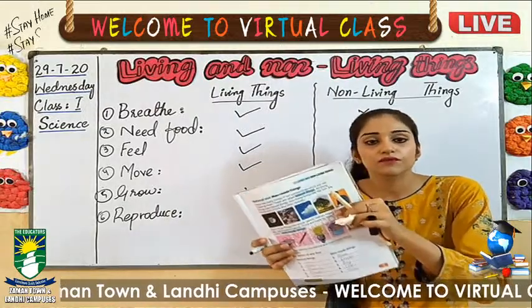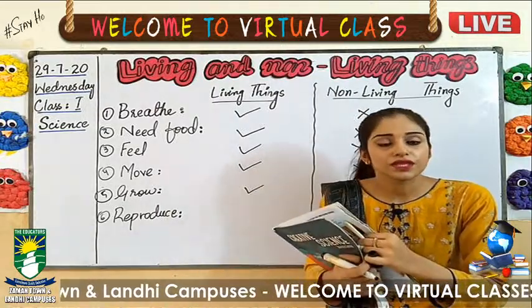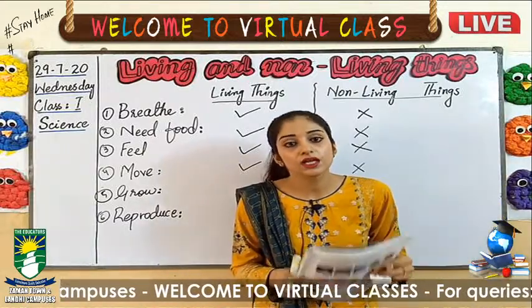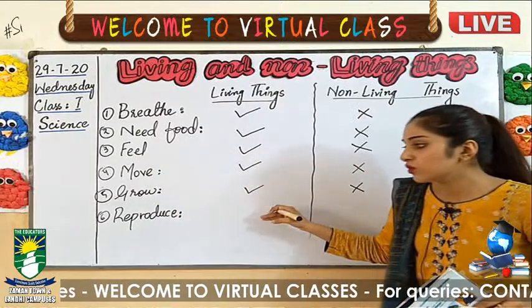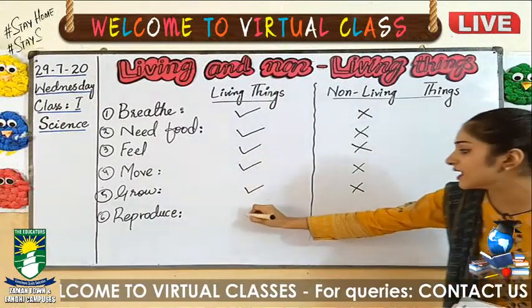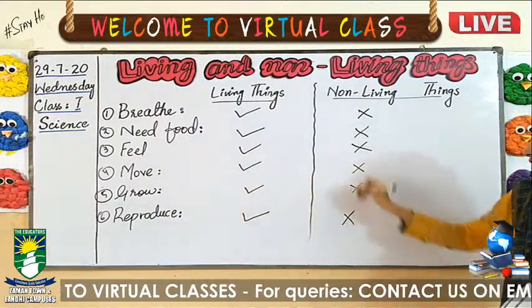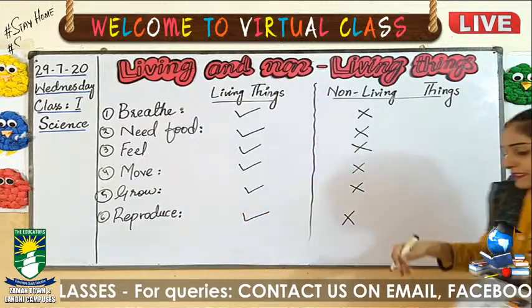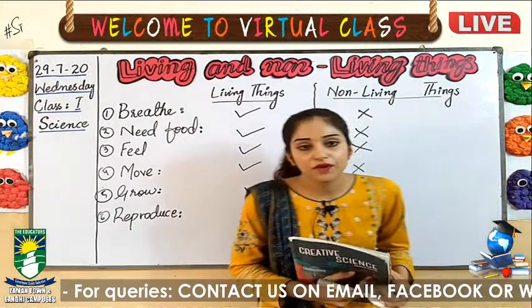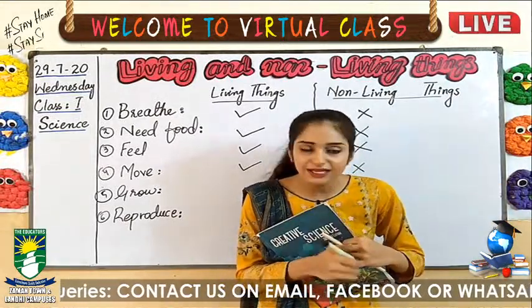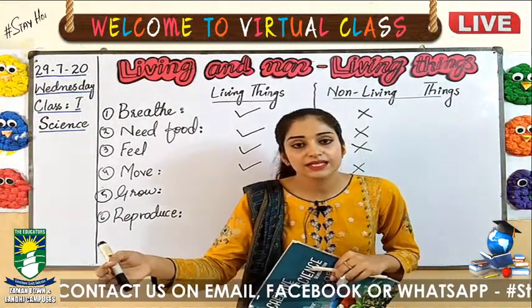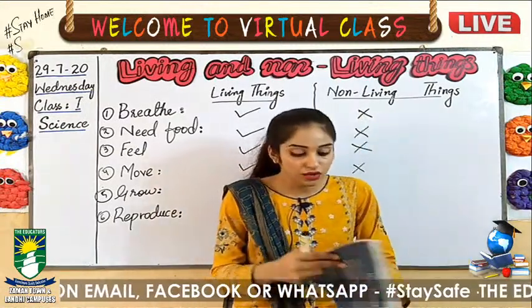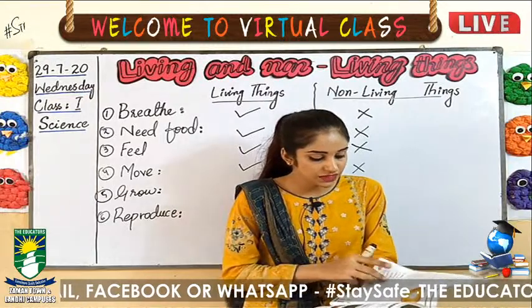We will have to make a book. Non-living things cannot reproduce. Living things can reproduce, non-living things cannot. ठीक? These are the 6 differences with the help of which we can easily identify which thing is living and which thing is non-living.